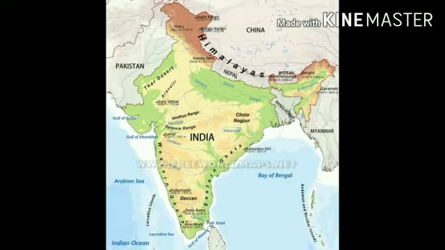So all this together gives us a picture. India is a land which has diversified features. These diversified features made India acquire a unique place in the world.